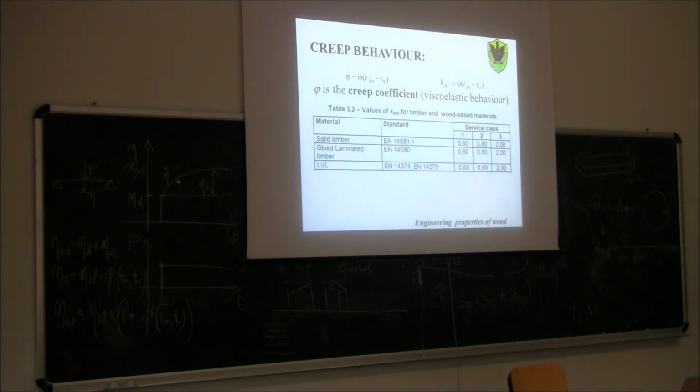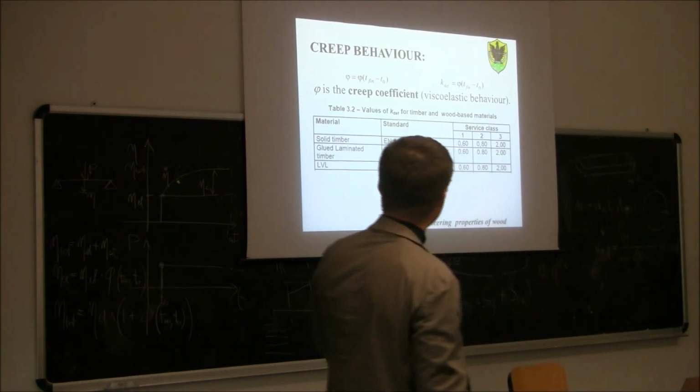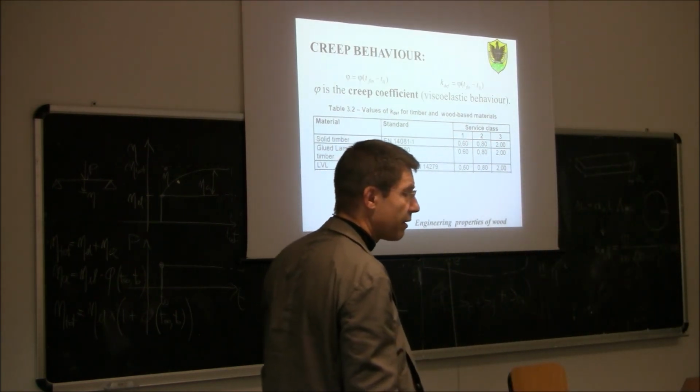The creep coefficient is tabulated in the regulation, the Eurocode, the technical regulation for construction. You find a table saying that for solid timber and for a certain service class, you have a certain value of the creep coefficient of timber, kdef, in the long term, for the calculation of the final deflection. What do service classes 1, 2, and 3 mean?